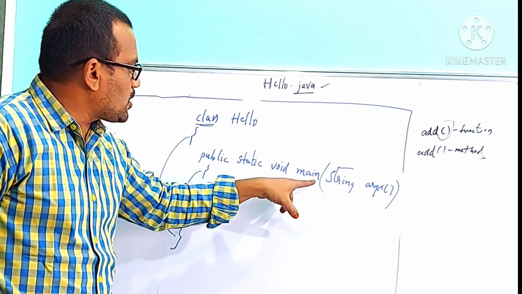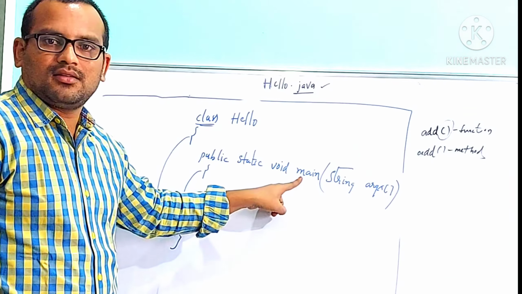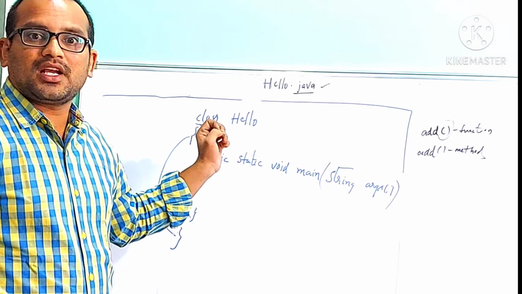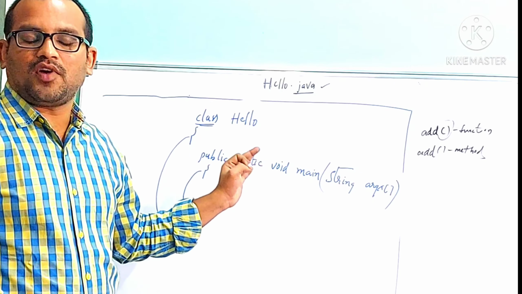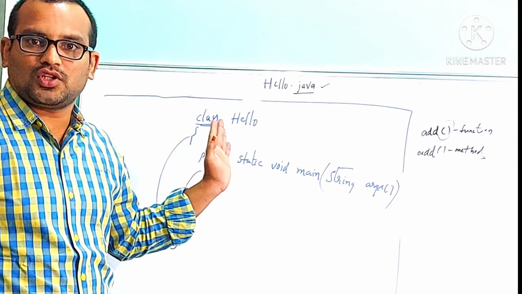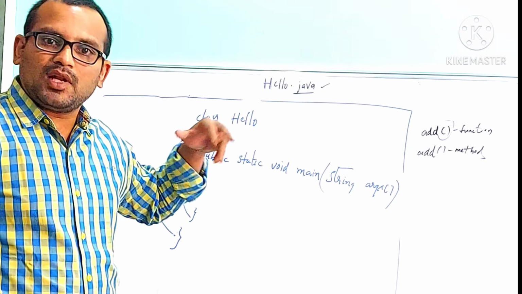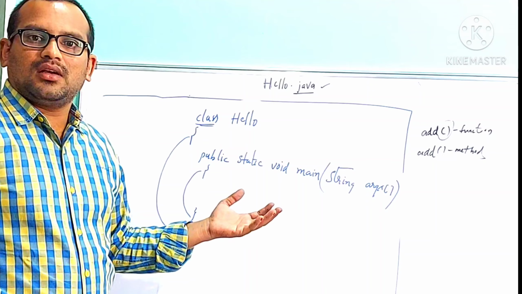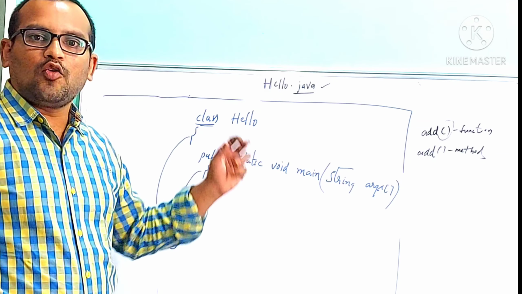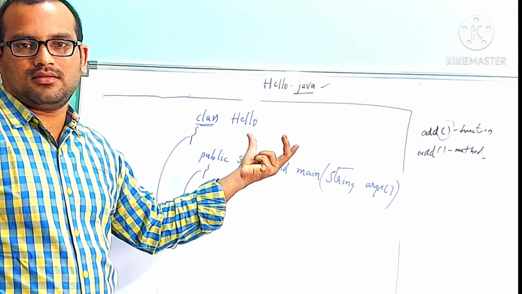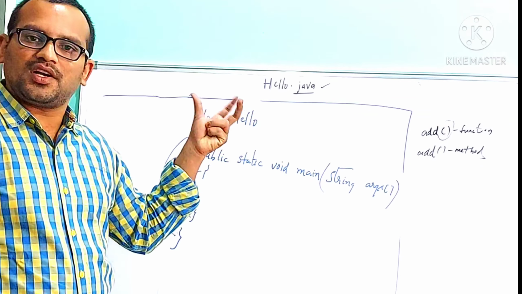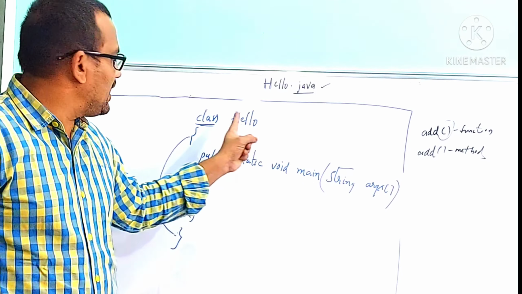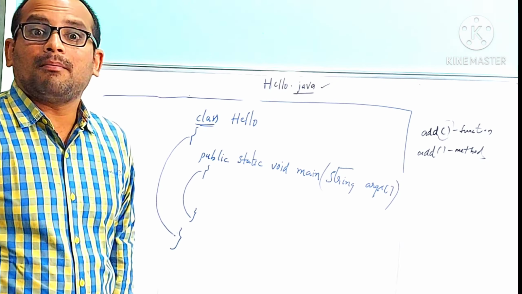If you write a function inside the class, then it becomes method. The functionality of both is same, but the terminology which we are using is different. If you use function outside a class, then it is a function. If you use function inside the class, then it becomes method.